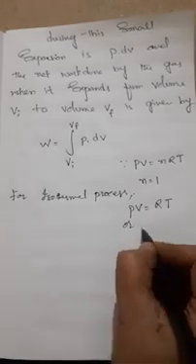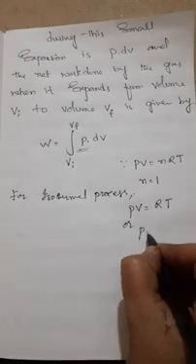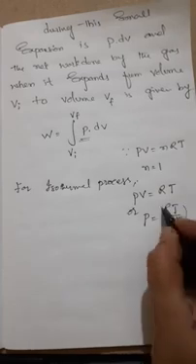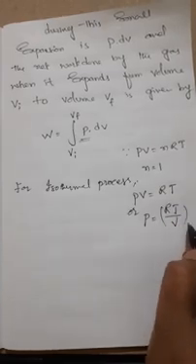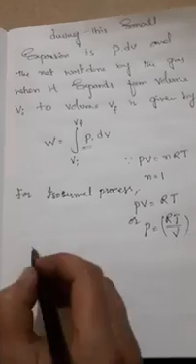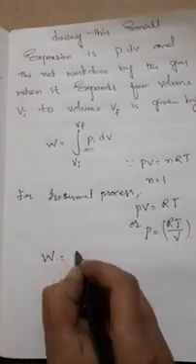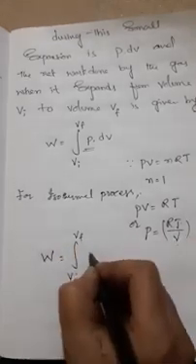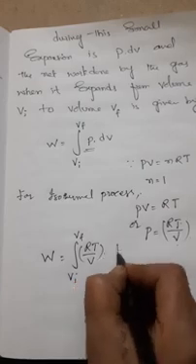We need the value of P, so P is equal to RT by V. So in place of P we can substitute the value RT by V. Therefore W is equal to the integral from Vi to Vf of RT by V dV.